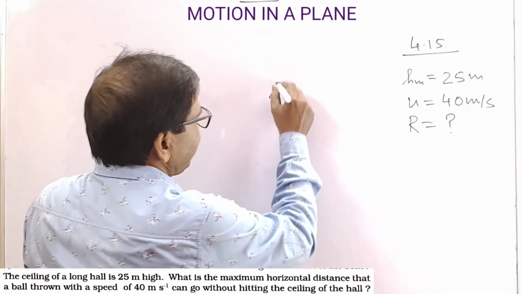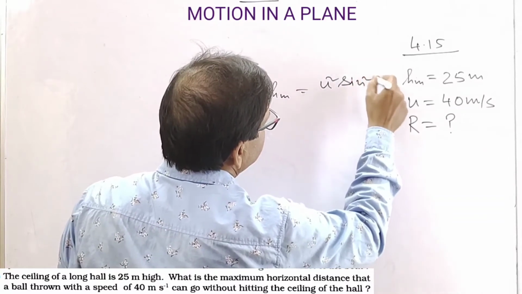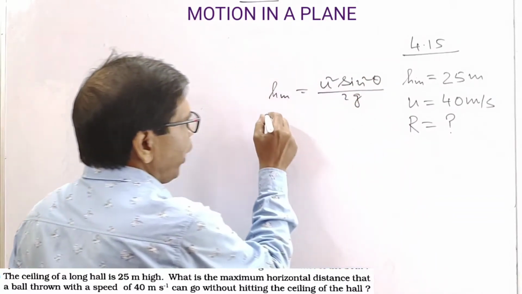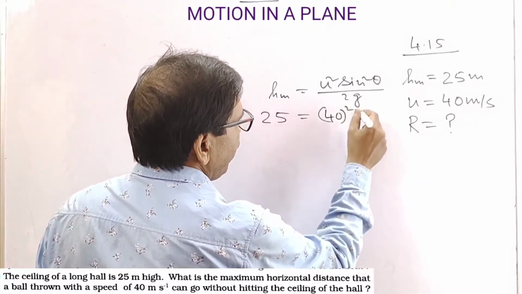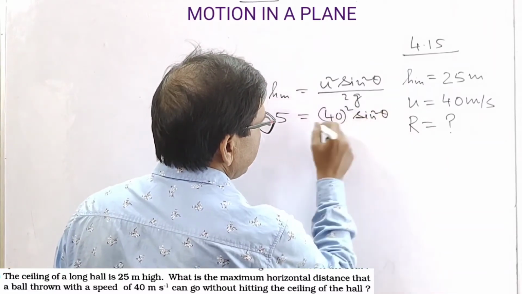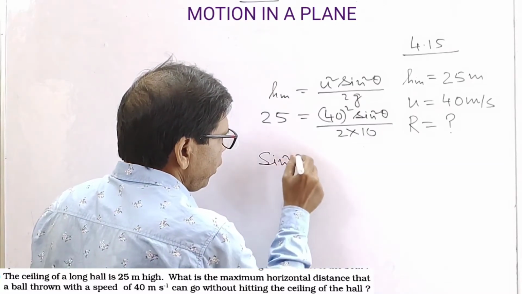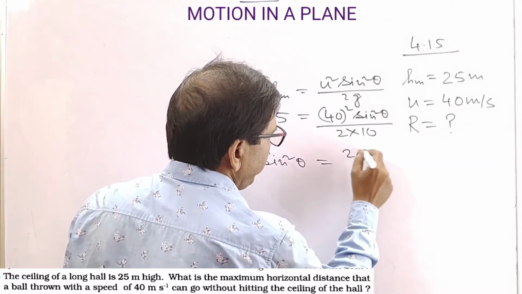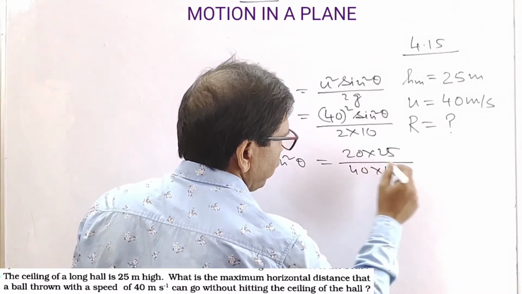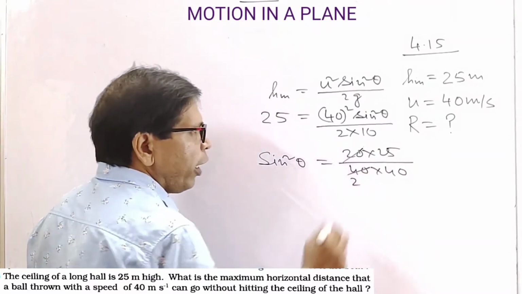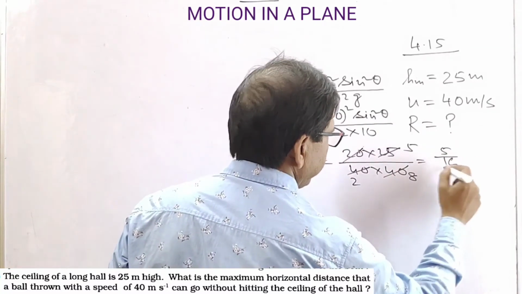Hm equals u square sin square theta by 2g. Here Hm is 25, u square is 40 square, and this is sin square theta by 2 into 10. So sin square theta equals 20 into 25 divided by 40 into 40. Now this and this cancel out, and this is 5 and this is 8. This is 5 by 16.